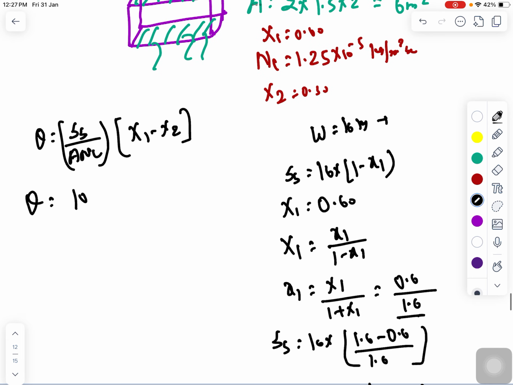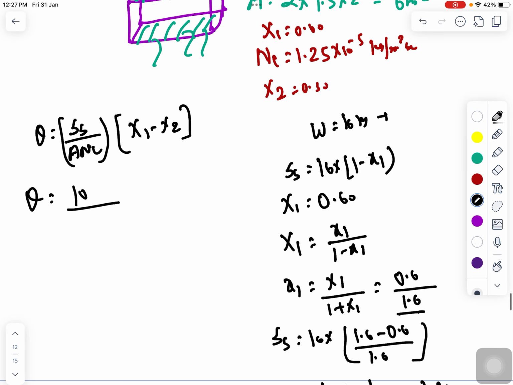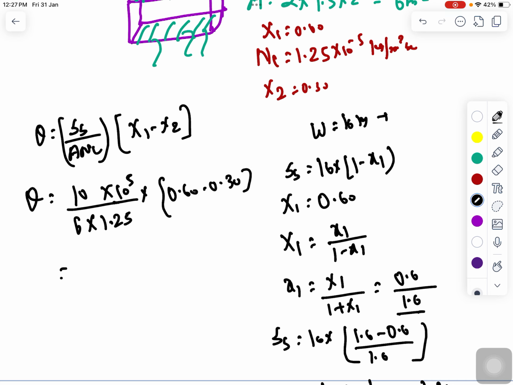So I'll substitute 10 here, and we know the area is 6, and Nc we also know, 1.25 into 10 to the power minus 5. I'll substitute here, multiplied with X, which is 0.60 minus 0.30. Once you do the calculation, you get 1000 divided by 125 multiplied with 6 into 10 to the power minus 5 divided by 30 upon 100.